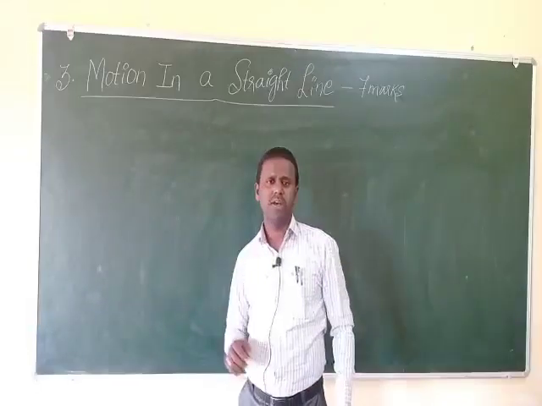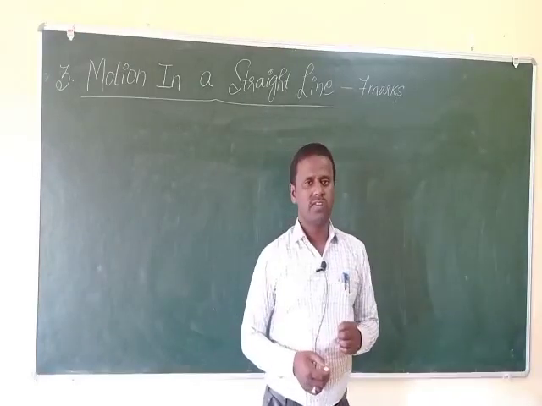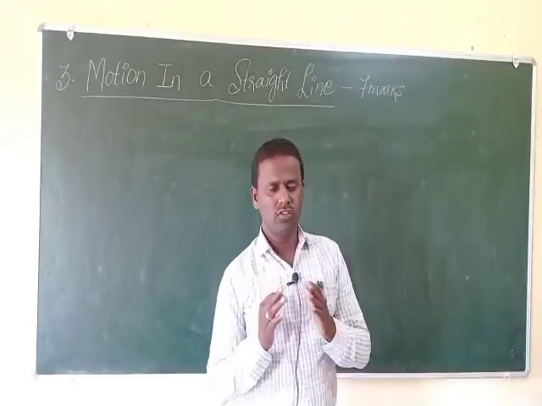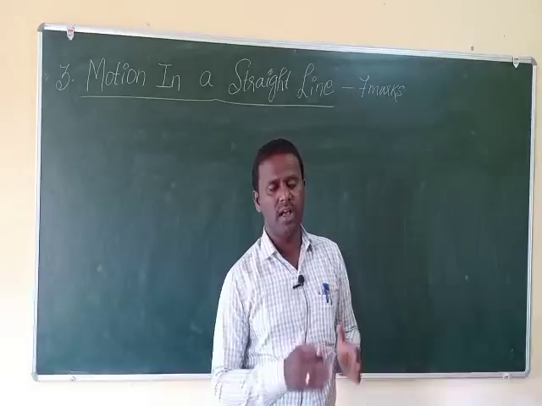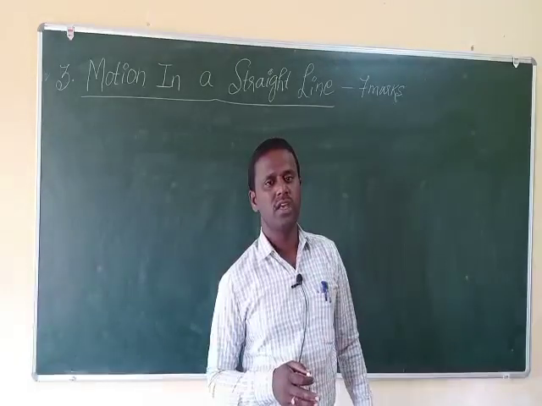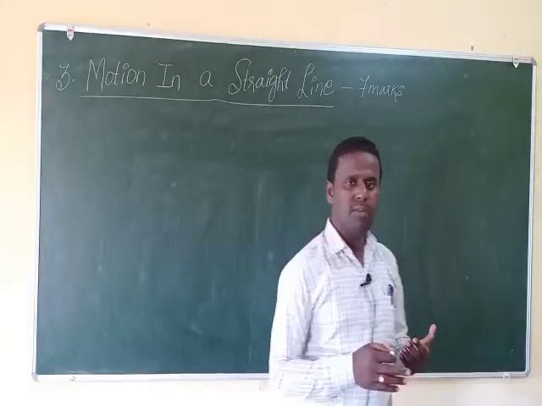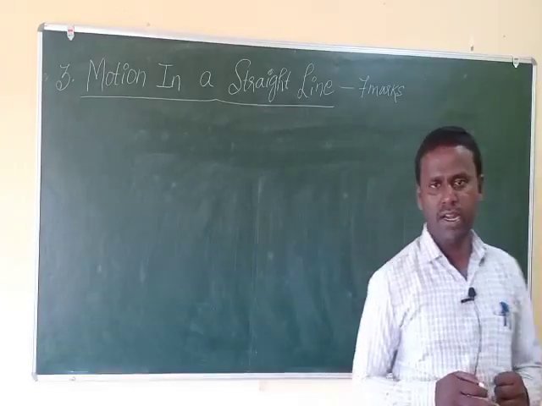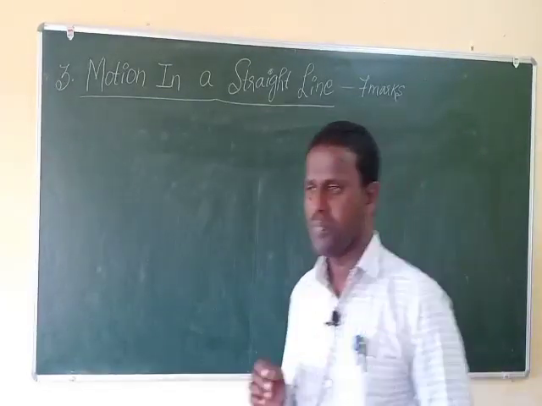In this chapter you are learning about mechanics. The chapter starts with the definition of mechanics. What is mechanics? What are the sub branches in the field of mechanics? When is a body said to be at rest, and when is a body said to be in motion?